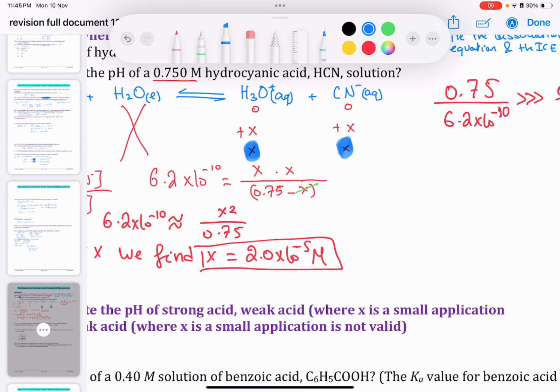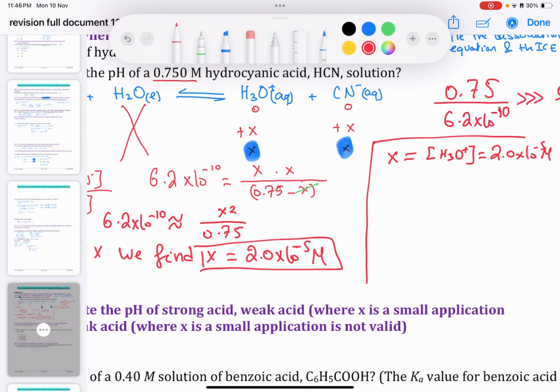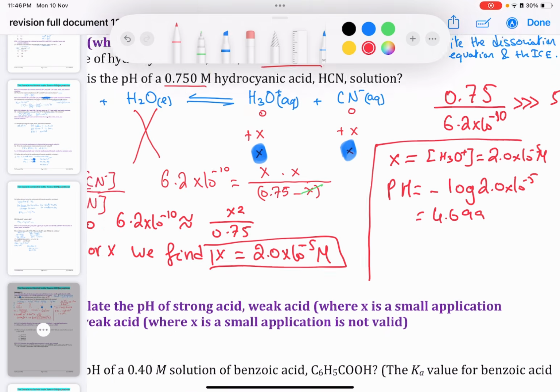And I am interested in H3O plus because the question wants me to get pH. So I'm going to say x is equal to the concentration of H3O plus, 2.0 times 10 to the negative 5. Now we can calculate pH, minus log H plus. And the answer is 4.667.